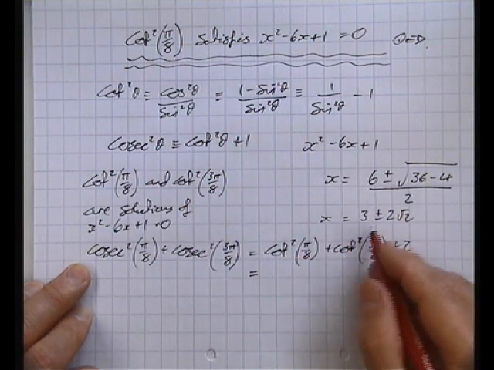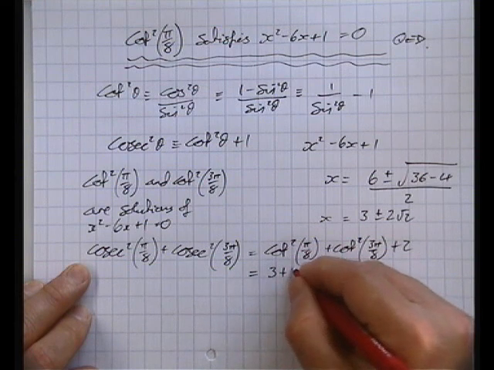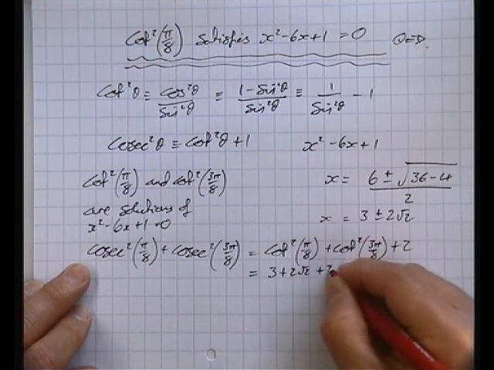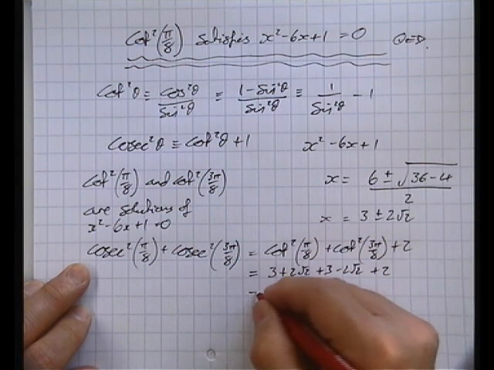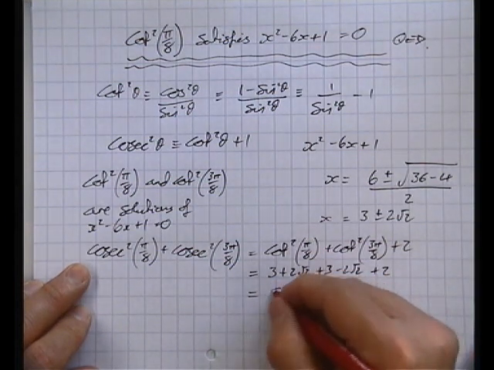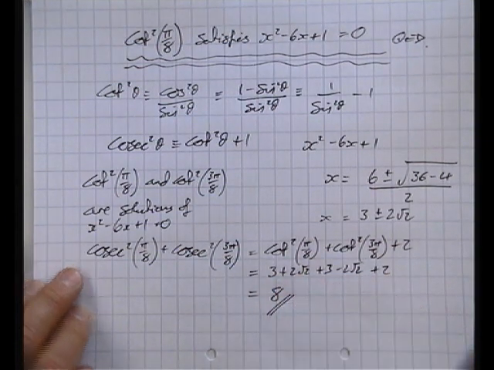And so that's going to equal 3 plus 2 root 2 plus 3 minus 2 root 2 plus 2, and that all comes to 8, which is the answer. Thank you very much.